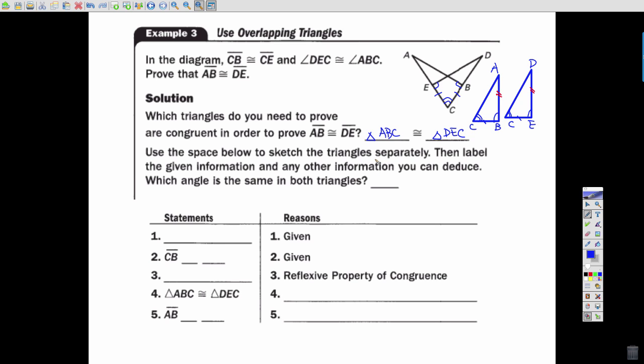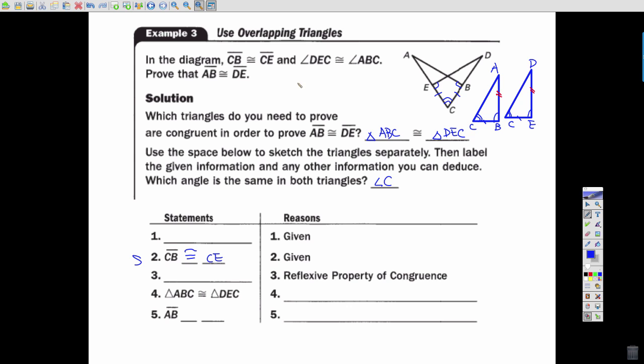And it's asking us which angle is the same in both triangles. And obviously that's angle C. So let's see. What's given is CB is congruent to CE. That's one side, right? I'm sorry, I didn't label this clearly. So CB is congruent to CE.